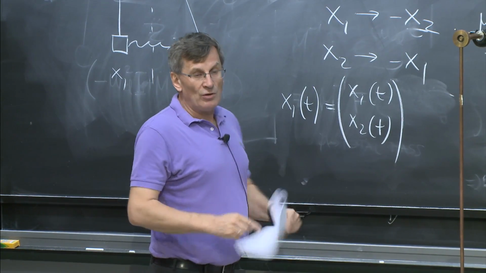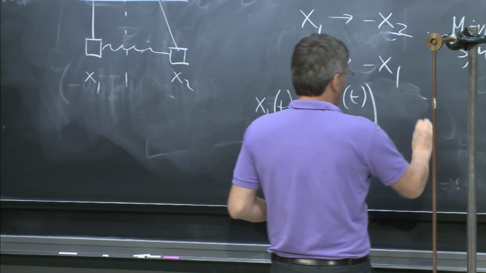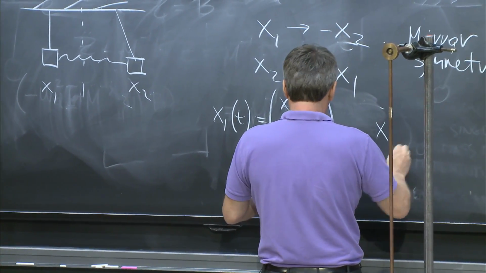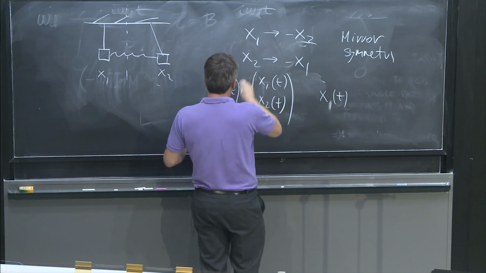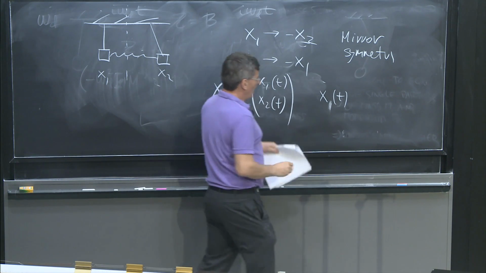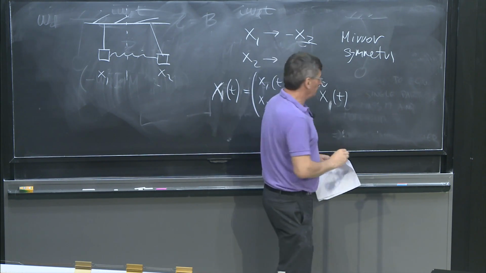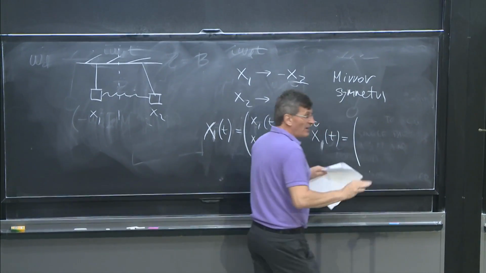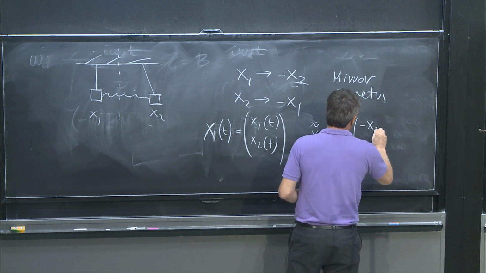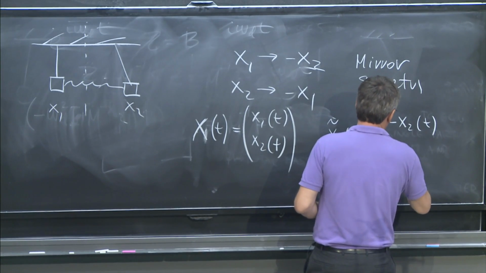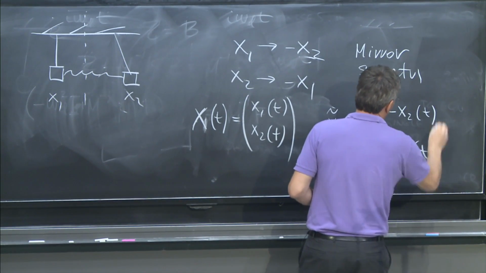Because of the symmetry, I know for sure that for the equation, which looks like this, x of t, that's the vector x of t, I have another one with a tilde, which is identical functions. Everything is the same except that this one is minus x2 of t, minus x1 of t.